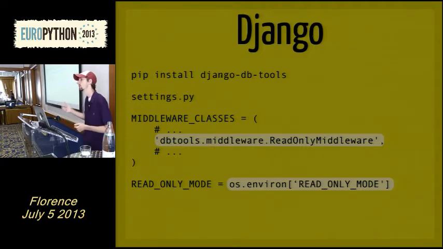You can just flip a bit. If you're running on Heroku, you just change a config var. If you're running with Chef or Puppet, ideally you can push the same environment variable out. And really this is a great way so you don't have to deploy new code, just change the environment, change what's happening, and then undo it when you're done. And what this is going to do is prevent people from posting data to your site, prevent people from logging in.